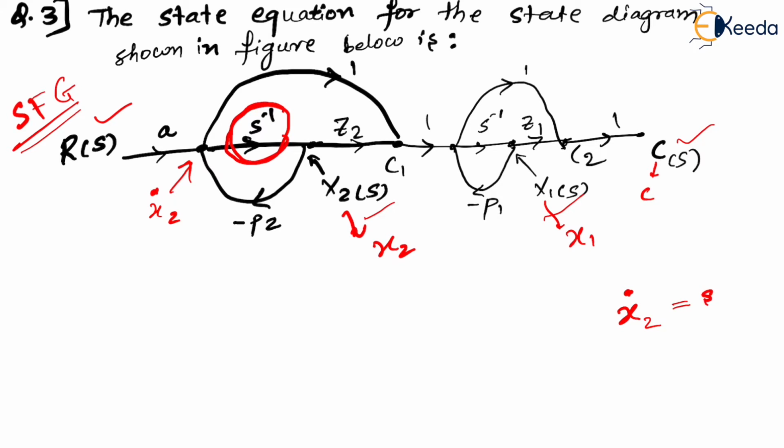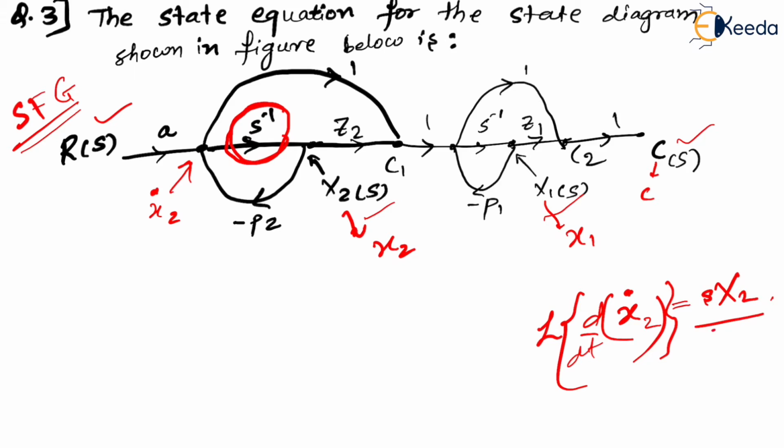It will be nothing but S into X2. You get d by dt of X2, and if you apply Laplace to it, you get S into X2, right? Now, what if you divide this by S here? Then you will get X2 only. Means 1 by S is the integration, no?